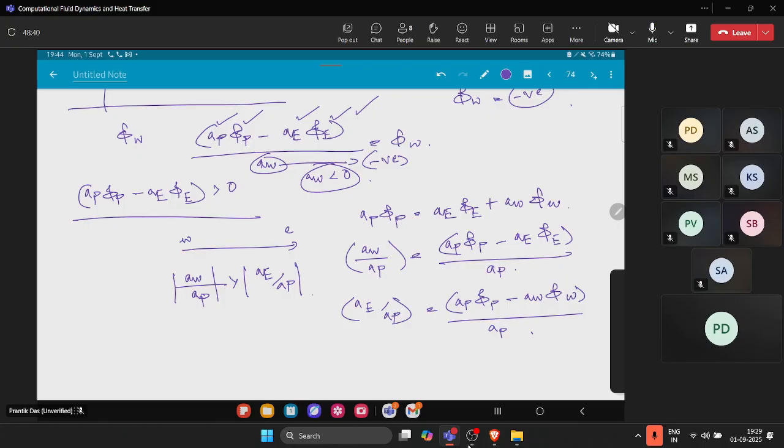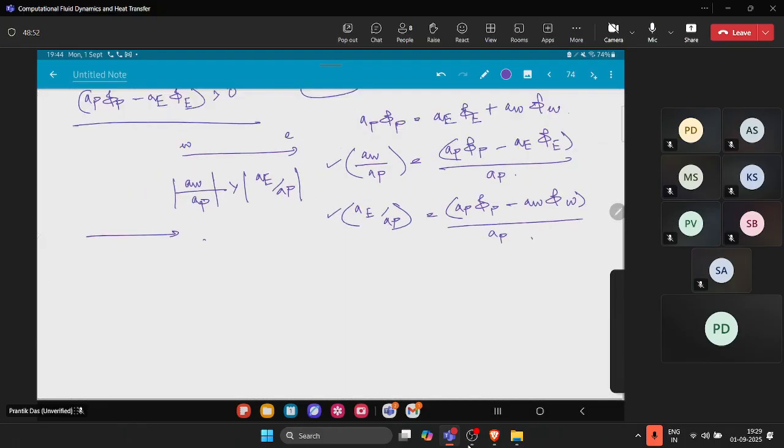So as we can see, for example, if the flow is happening from left to right, then your gradient should be positive in that direction. That is phi W minus phi E, or delta phi by delta x, is positive in this direction, which is phi W minus phi E divided by delta x WE.